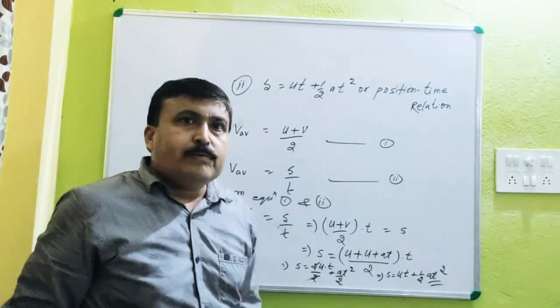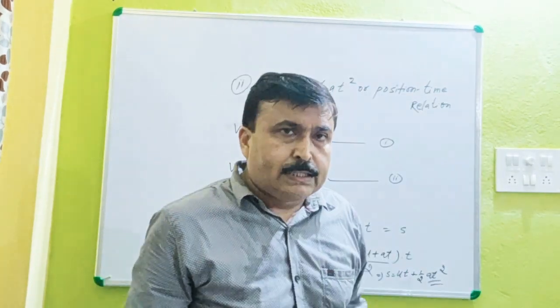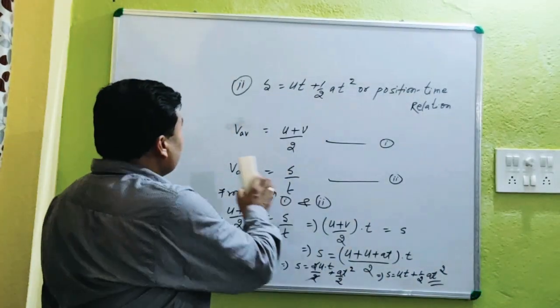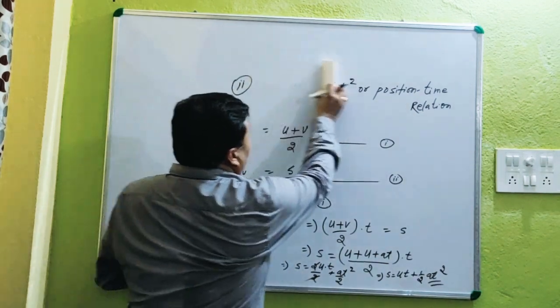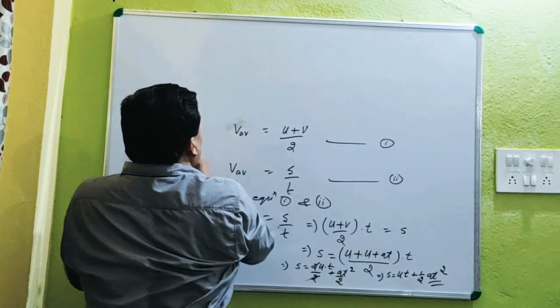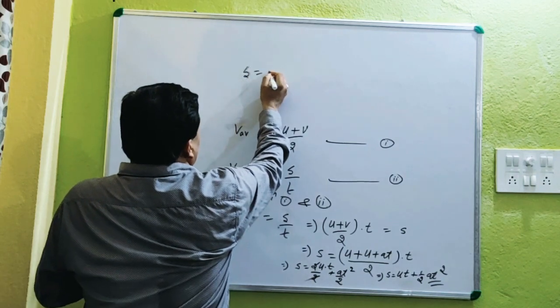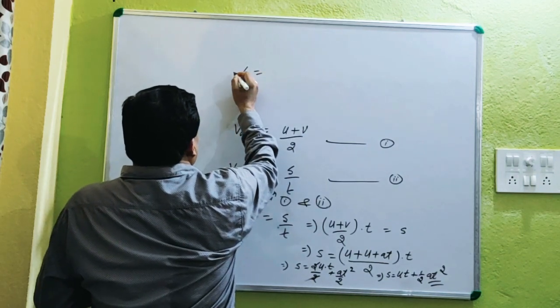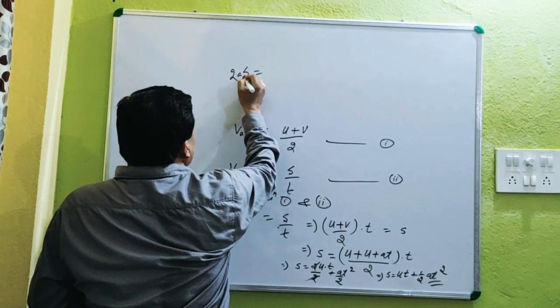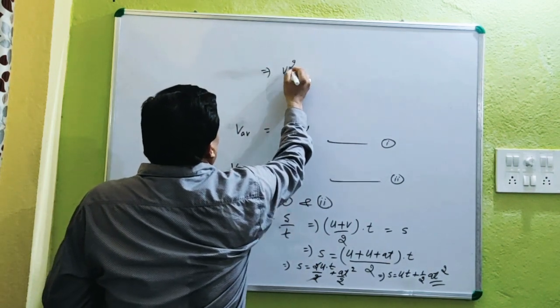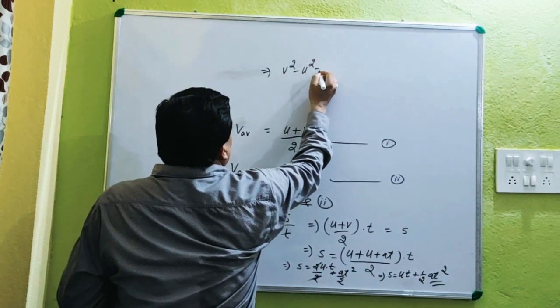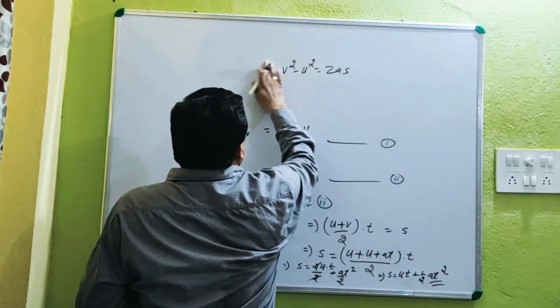Now we will derive the third equation of motion, and this is v square minus u square equal to 2as.